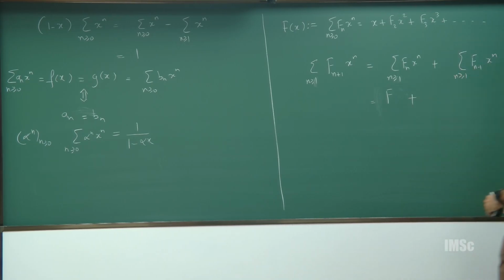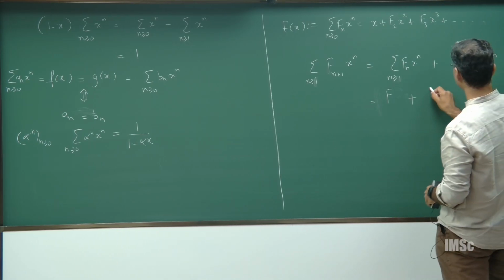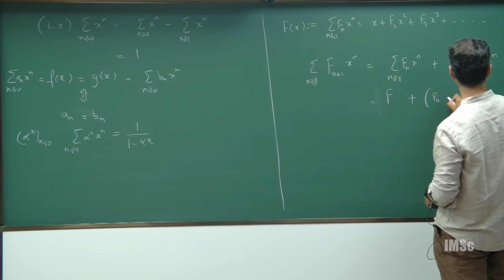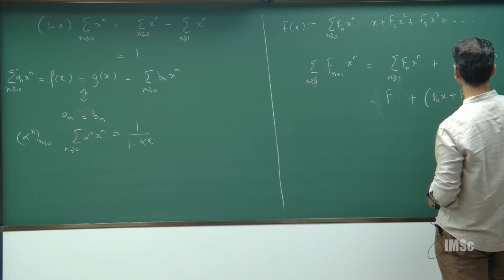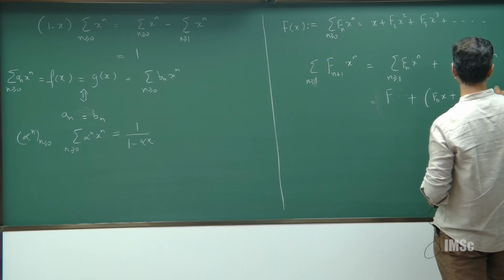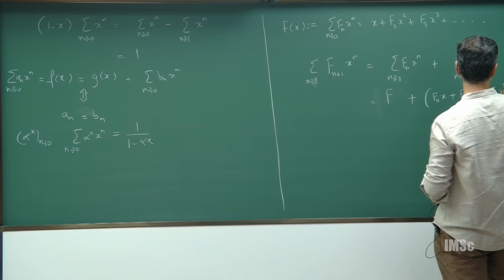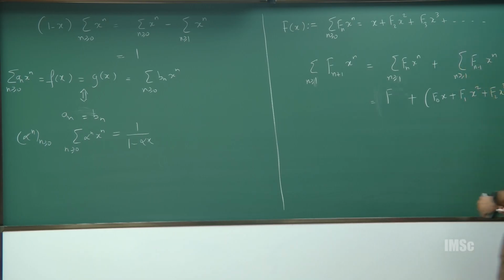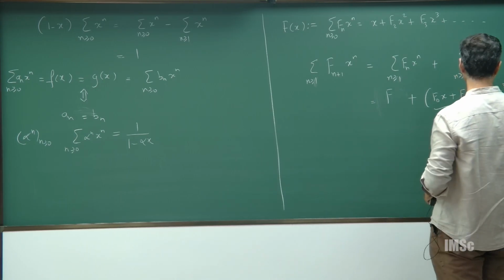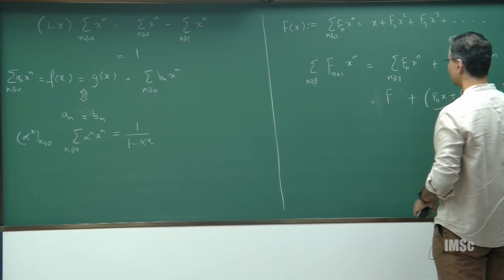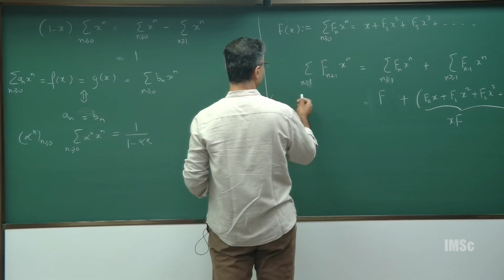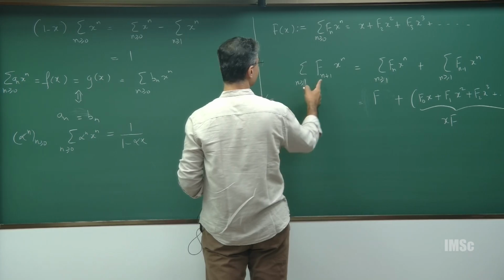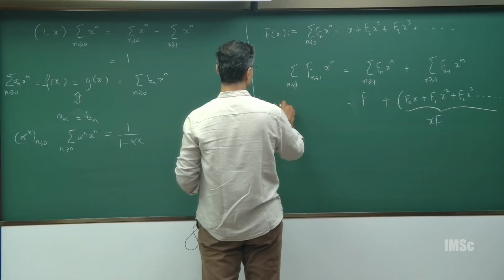What about this side? So, this is f0, which is 0, f0 x plus f1 x square plus f2 x cube, right. What is this sequence? x times f, and what is this? This is f2 x plus f3.